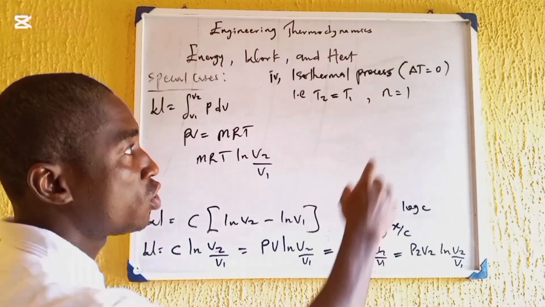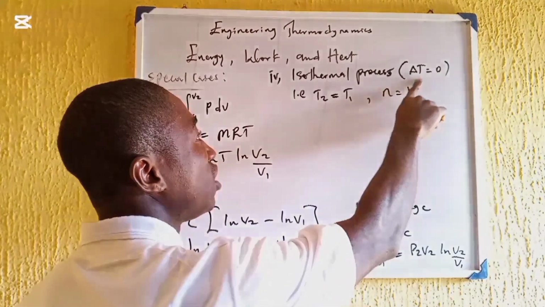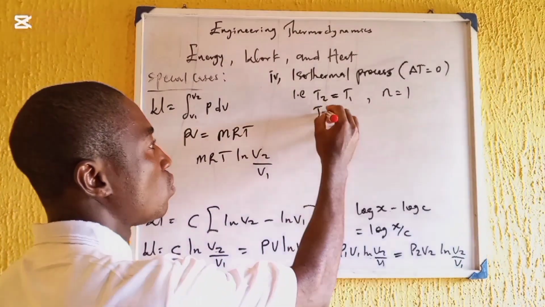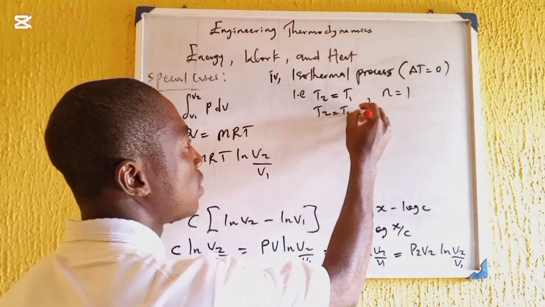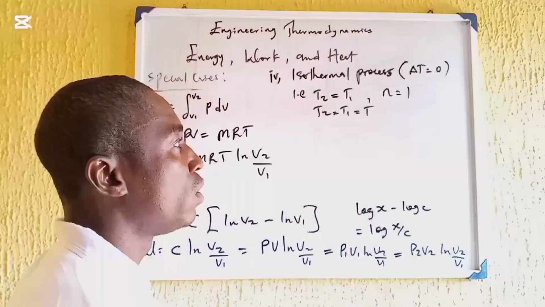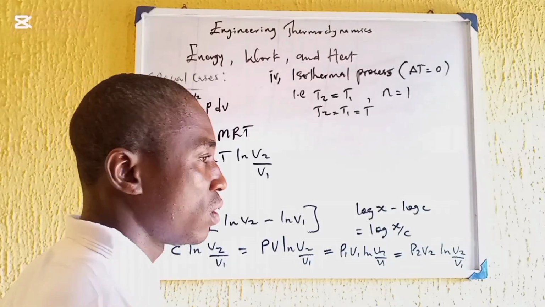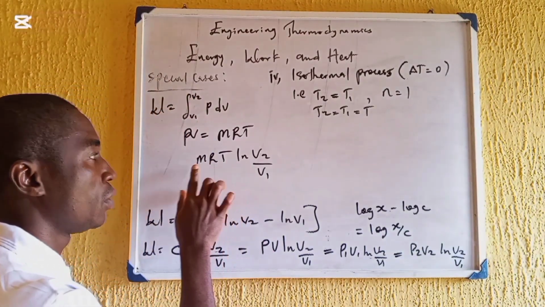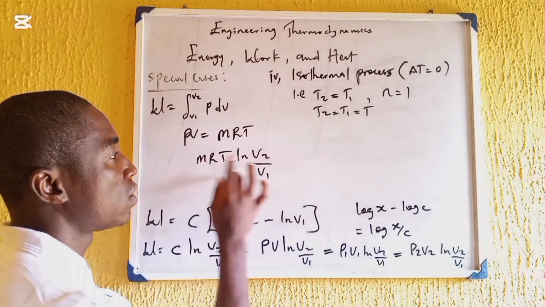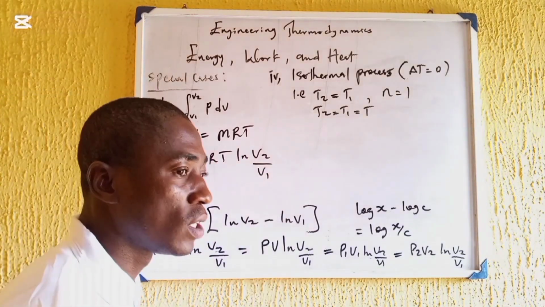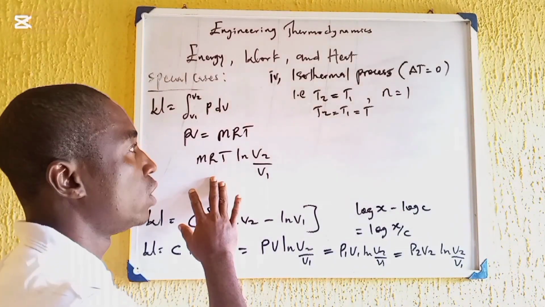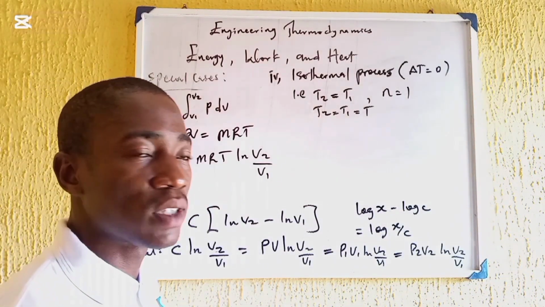Remember that temperature is not zero. Instead, change in temperature is equal to what? Zero. So if T2 is equal to T1, we can say it's equal to what? T. So whether it's the temperature of the second state or first state, it's still the same value. You insert it here, you have your R, you have your m, that's the mass of the gas, ln V2 over V1. That gives you the work for a system containing ideal gas when temperature is constant.